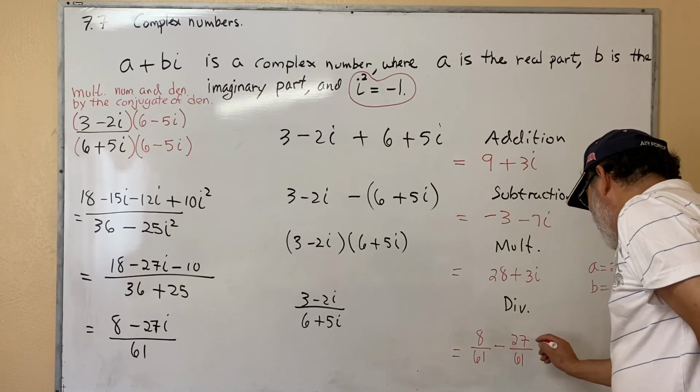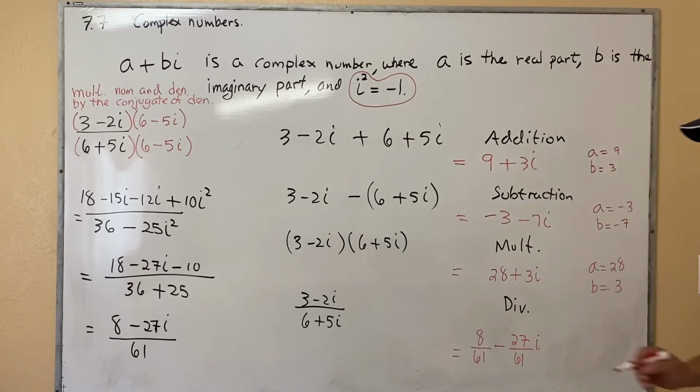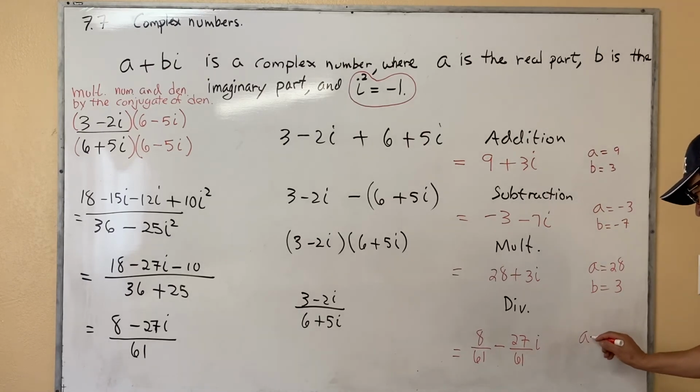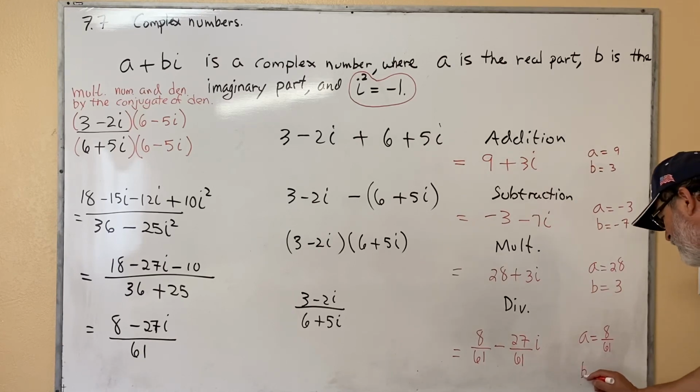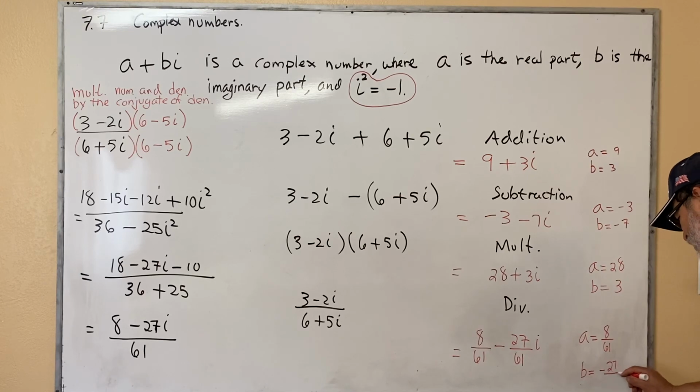Okay? And what is a? A is 8 over 61. And what is b? B is negative 27 over 61.